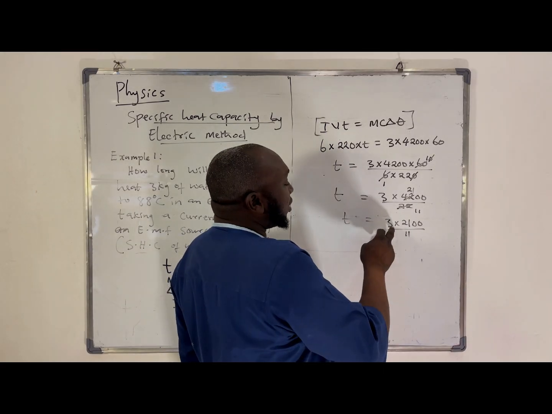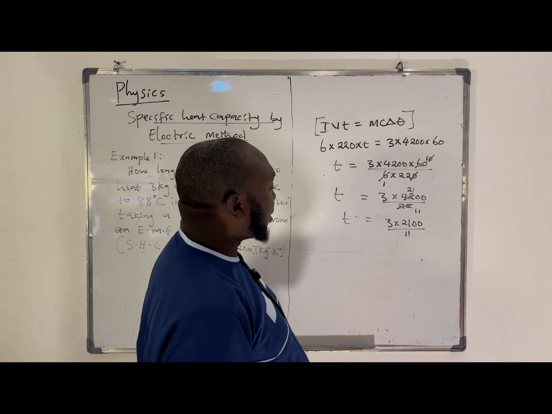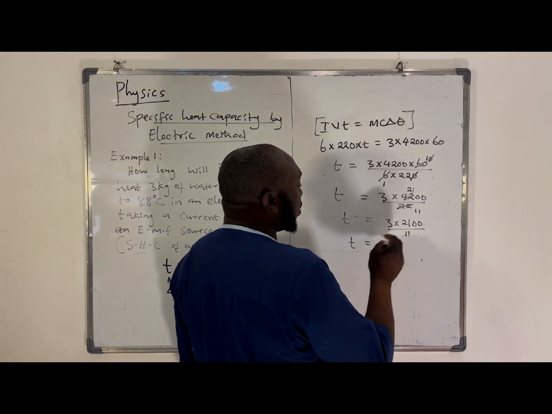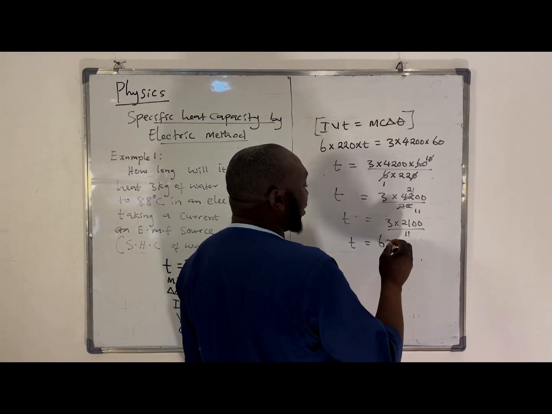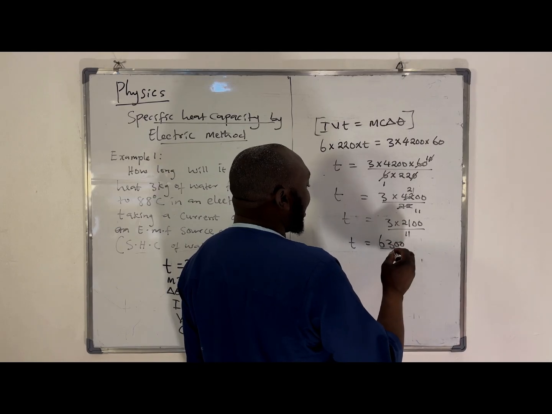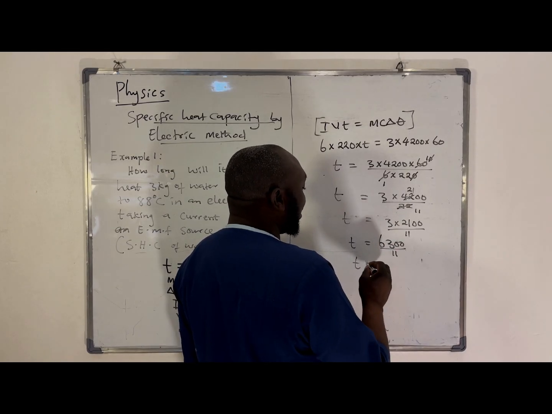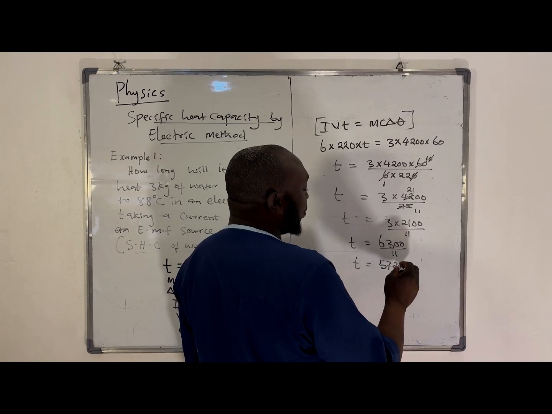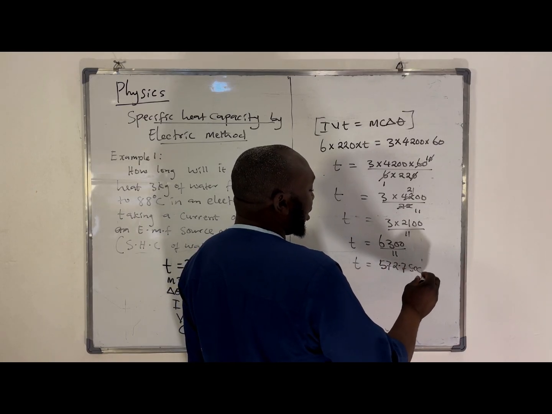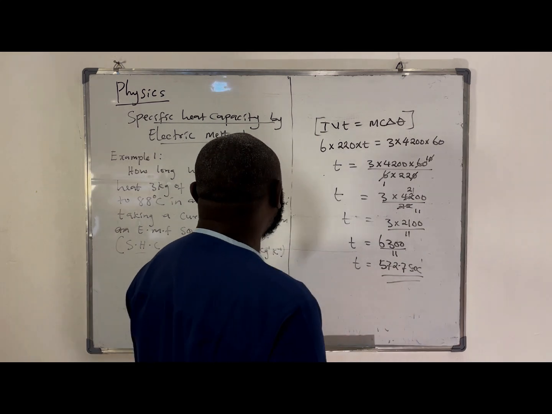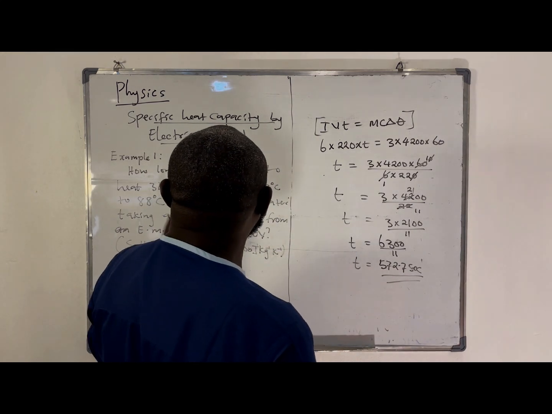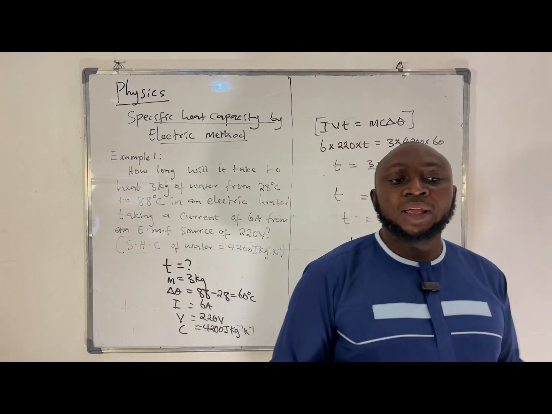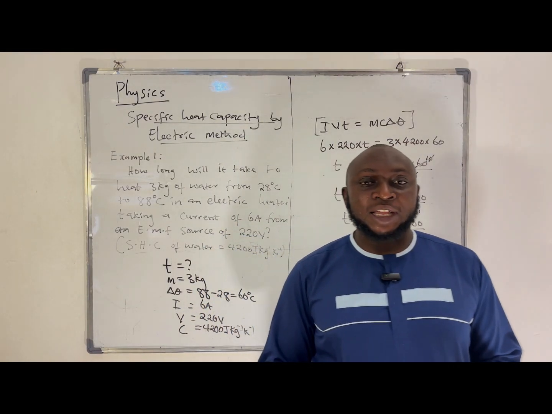T is equal to 3 times 2,100 over 11, which is 6,300 divided by 11. T is equal to 572.7 seconds. That is the time taken to heat 3 kg of water from 28 degrees Celsius to 88 degrees Celsius.